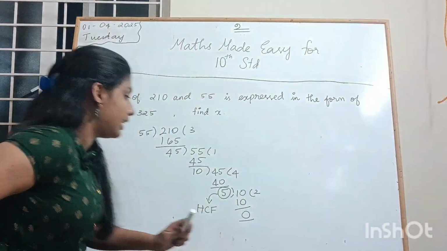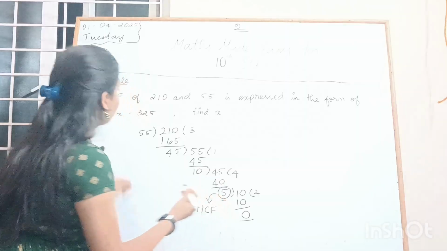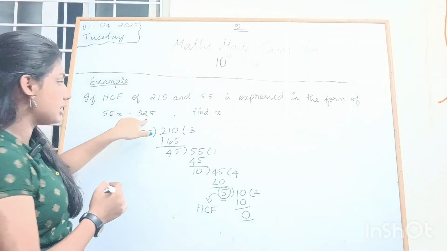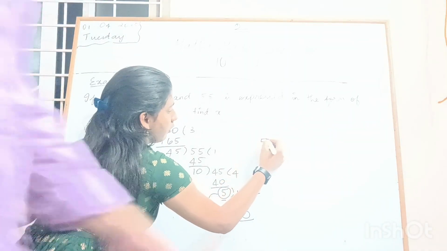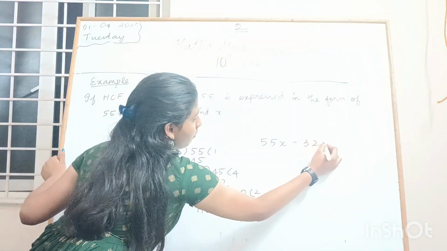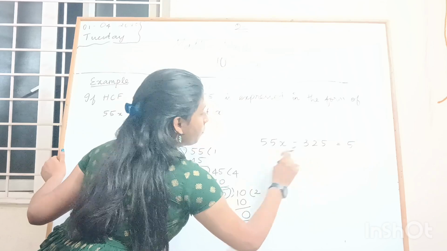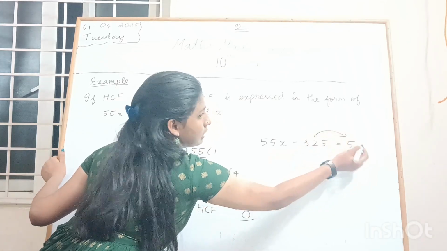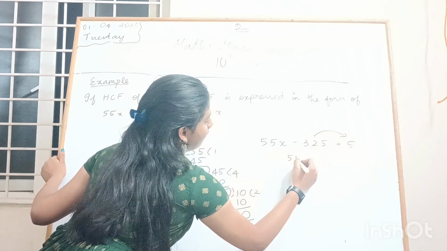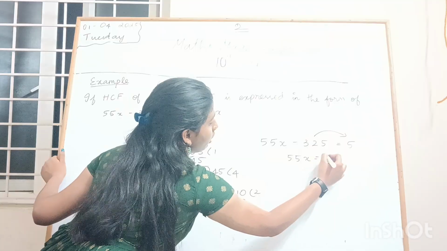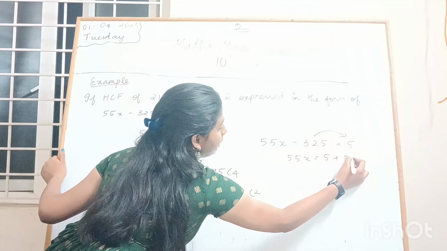Then we have to equate 5 is equal to 55x minus 325. So let us take this to this side. 55x is equal to 5 plus 325.